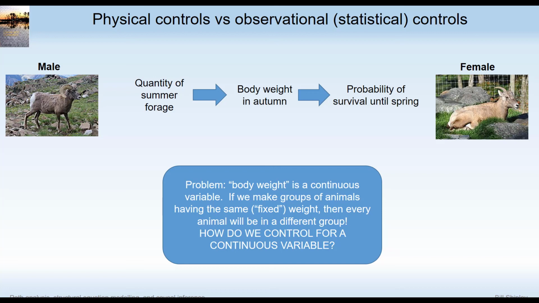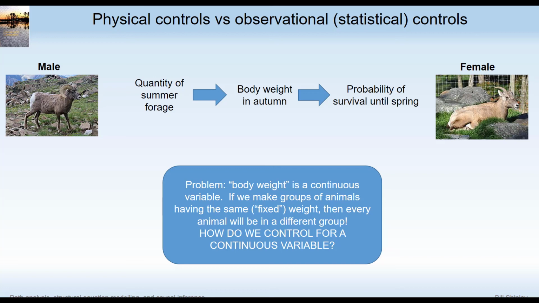So if you were to use the same logic as in the previous slide, then in order to test this hypothesis, we would have to be able to statistically control for body weight, hold it constant so that it doesn't change, so all of the organisms within that group have the same body weight.